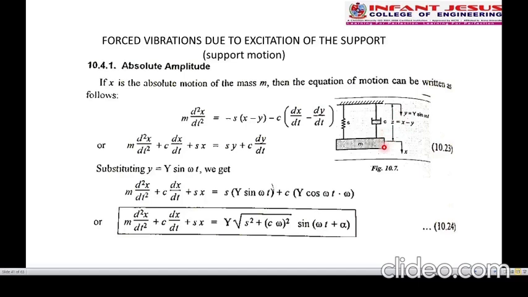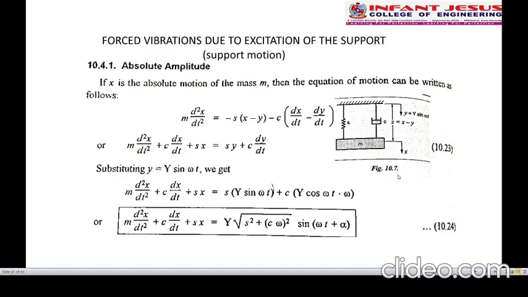Relative amplitude means we consider this x with respect to, that is relative to, y. If x relative to y is considered, then it is called the relative response. So this is about the two different responses of the system.